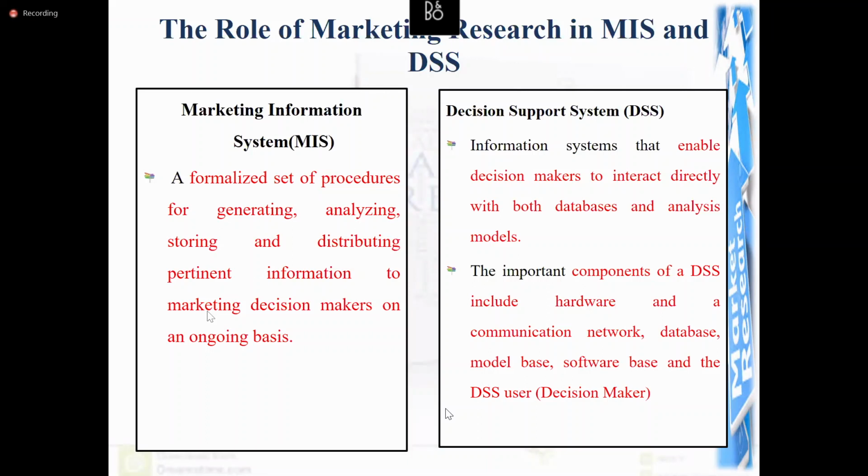In the marketing information system, we have formalized procedures to generate, analyze, store and distribute information to the decision maker. So that is of course the MIS, but the decision support system is an information system which is already existing, which enables the decision maker to interact directly with the database and the analysis model.